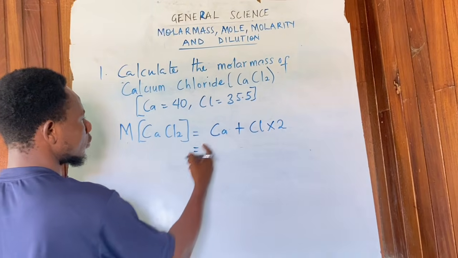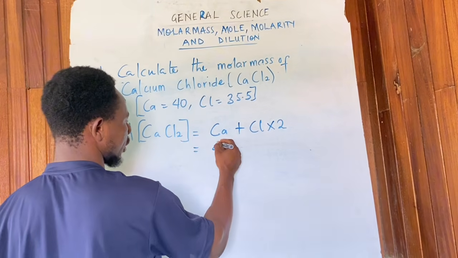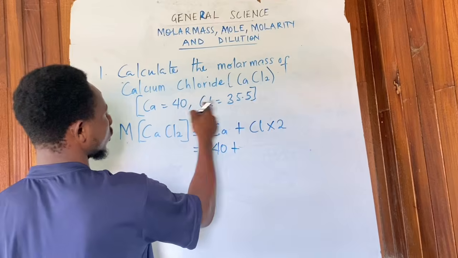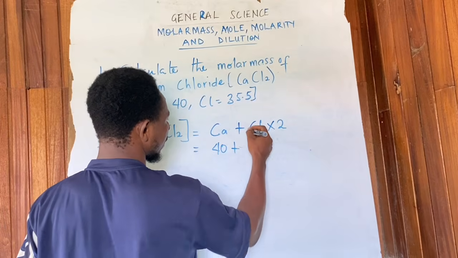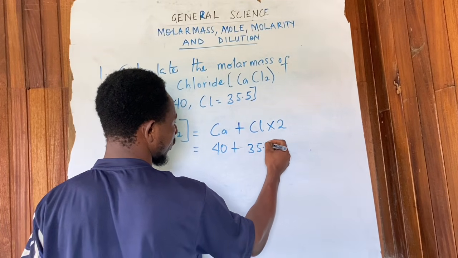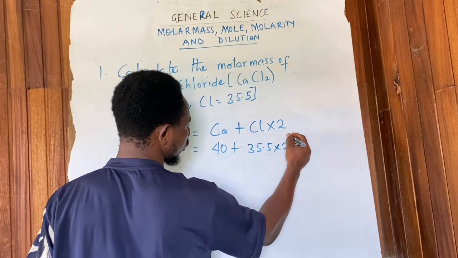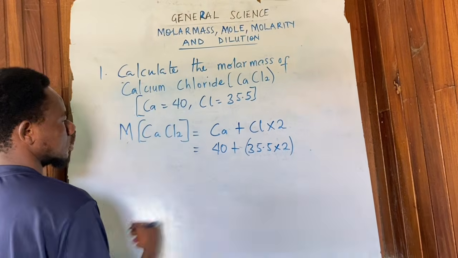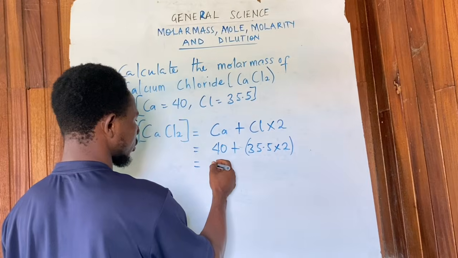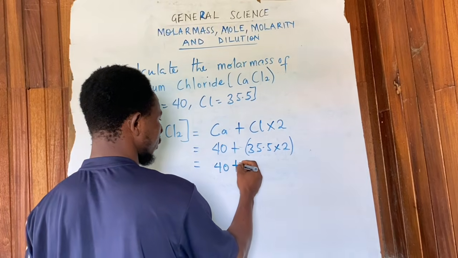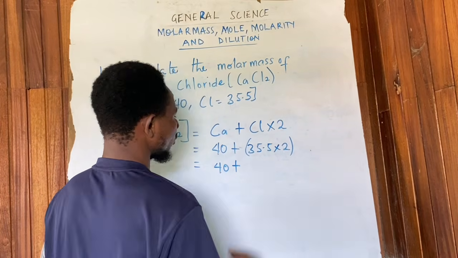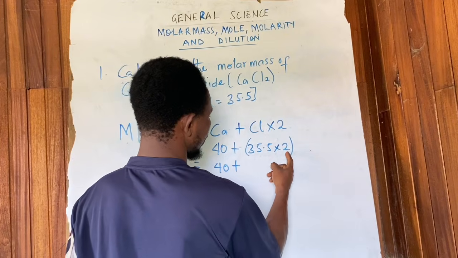So calcium is 40 plus chlorine 35.5 multiplied by 2.